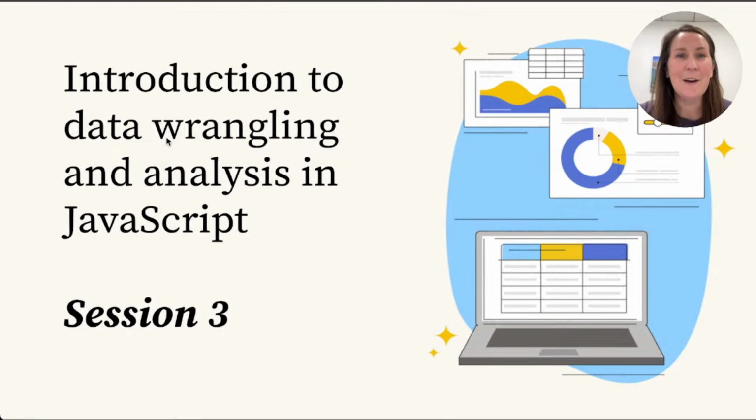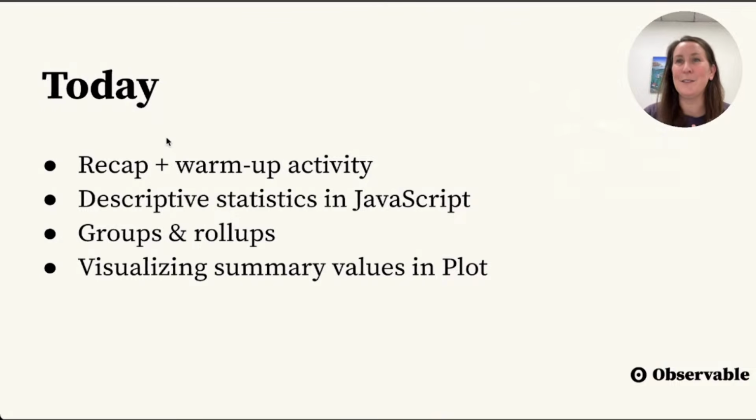All right, so today what we're going to do is a little recap and warm up, because I know even if it's only been 5 days since the last time we met, it's easy to get some rust building up pretty quickly, especially when you're learning something new. So I'll do a little recap and warm up activity.